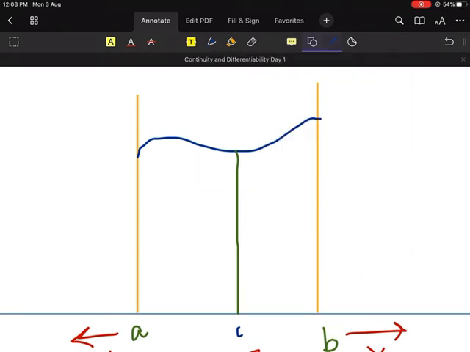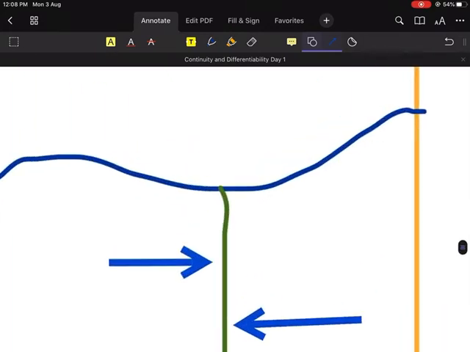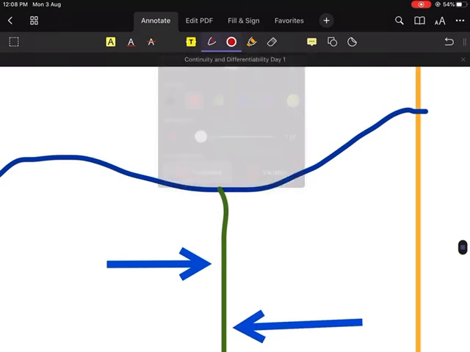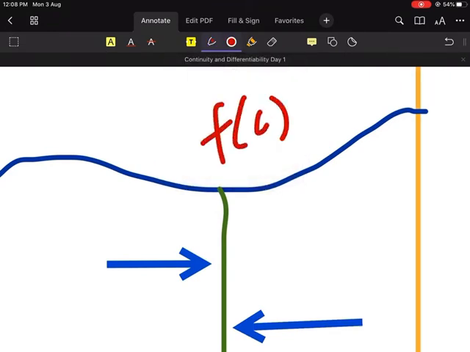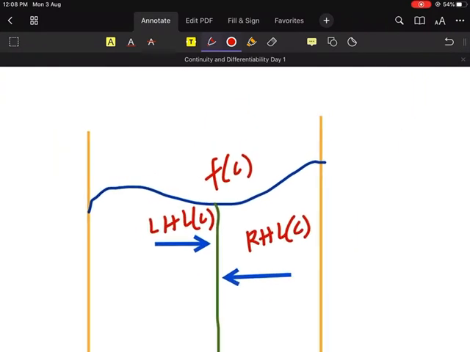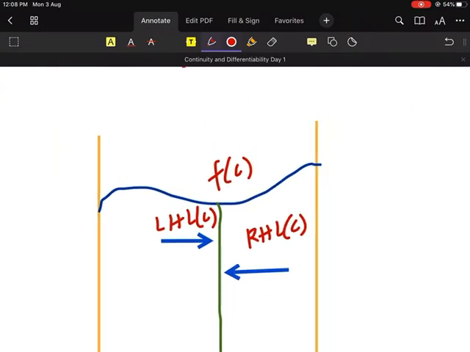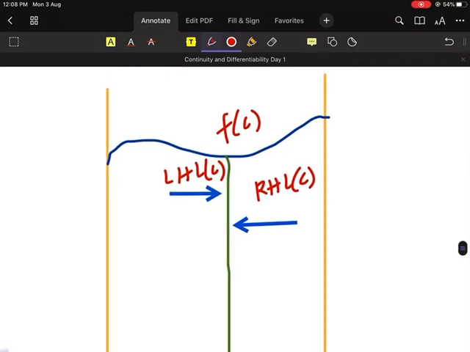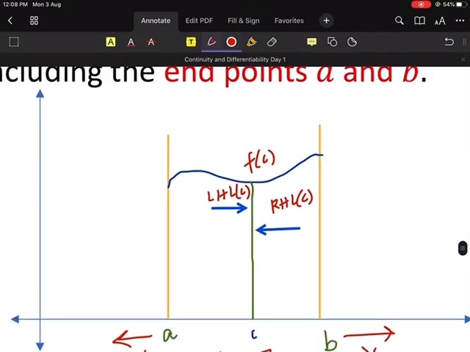Can you tell me whether the left hand limit and right hand limit, or the value of the function at that point C, left hand limit at C and right hand limit at C, are converging at one point or not?